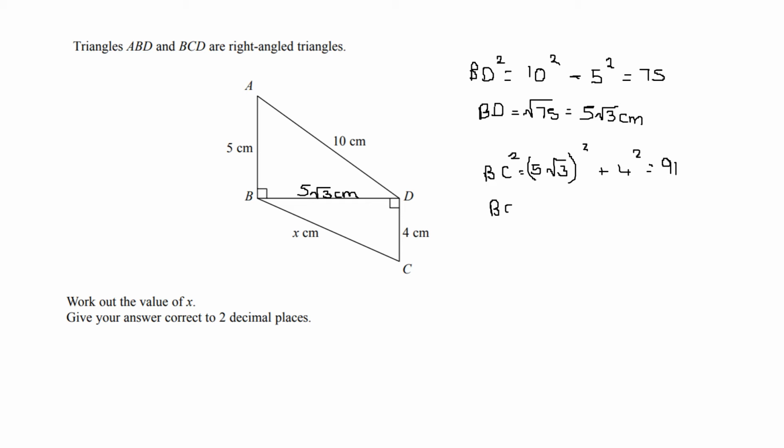So BC is going to be equal to root 91. The answer we're asked for to 2 decimal places, so that will be 9.54 centimetres. So X is equal to 9.54 centimetres to 2 decimal places.